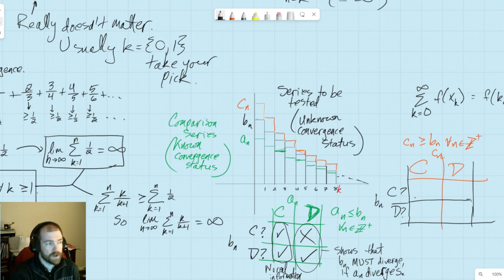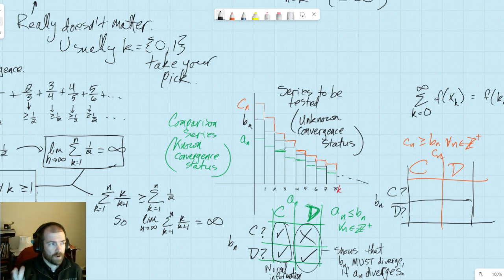All right, if it is known that C sub n diverges, so if C sub n, which is always higher than B sub n, diverges, could B sub n also diverge? Sure, right? You could find something that is going to diverge, but is always slightly less than that thing.